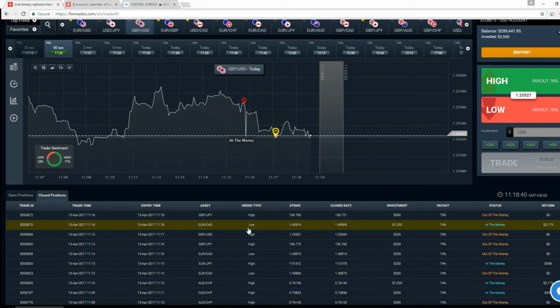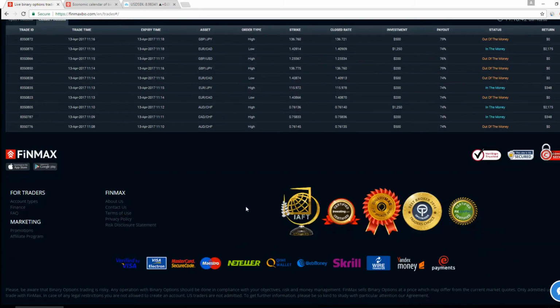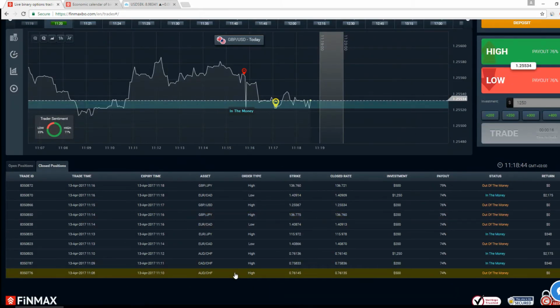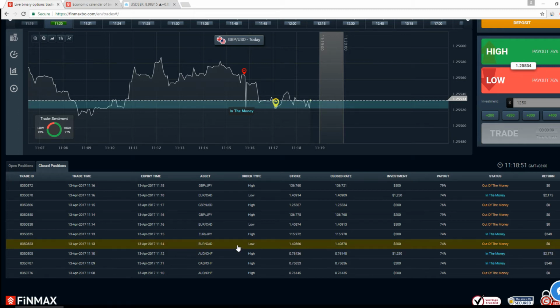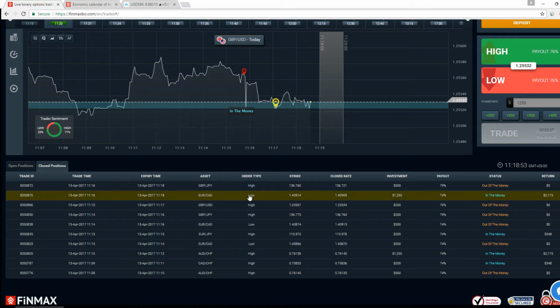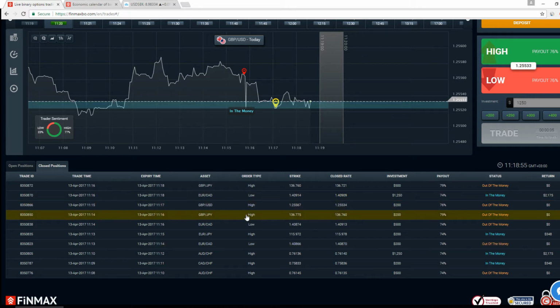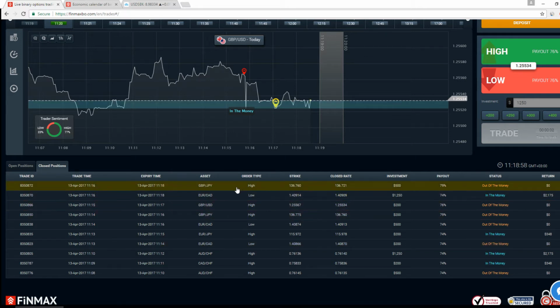Euro to Canadian, okay, in the money. Let's see all that we have. Australian to Swiss franc in the money. Canadian, okay. Euro to Canadian, okay.